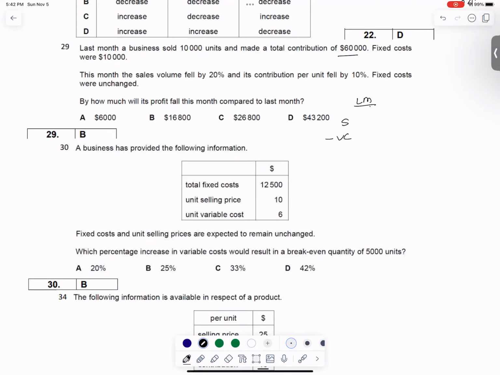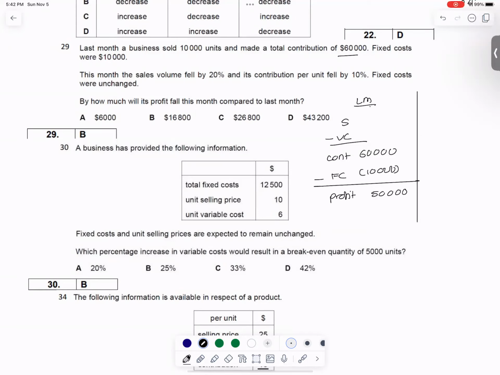Sales minus variable cost is contribution. Contribution was 60,000 minus fixed cost 10,000. I make a profit of how much? 50,000. How many units I sold? 10,000 units.